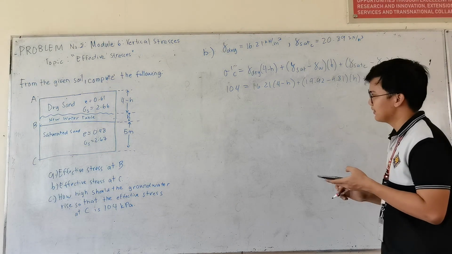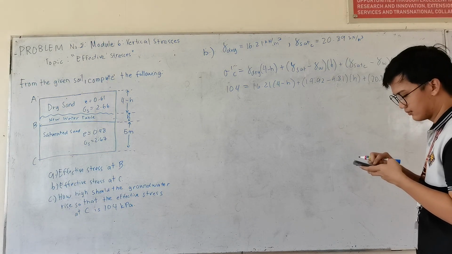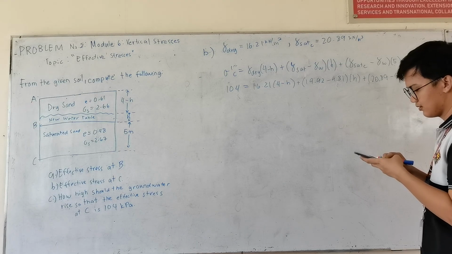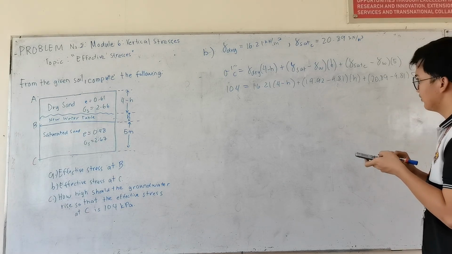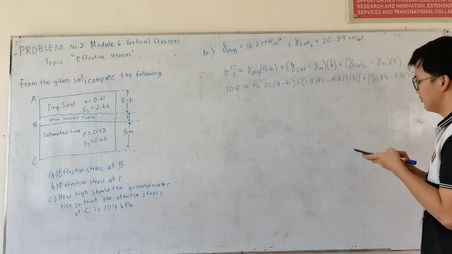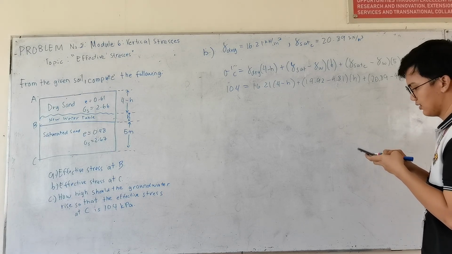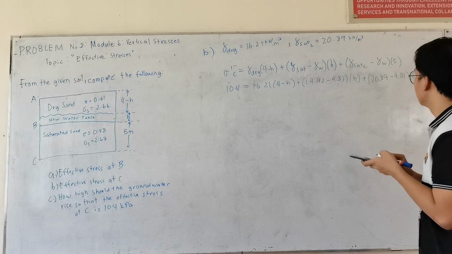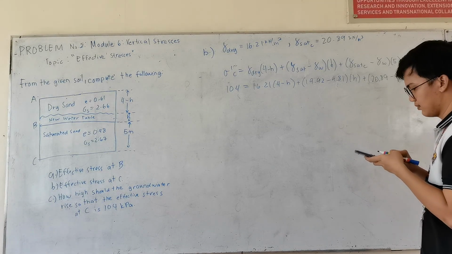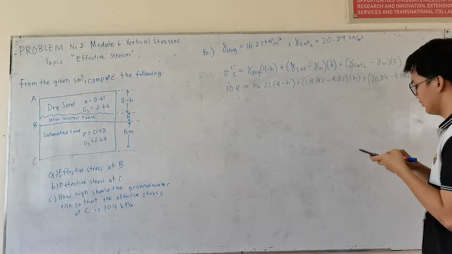So, i-solve lang natin para mas mabilis. 16.21 times 4 minus H plus 19.92 plus 89 times 5.